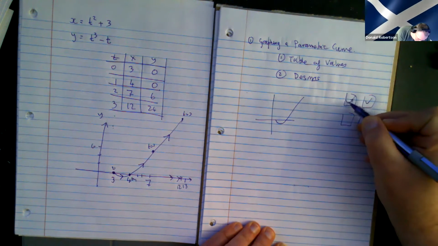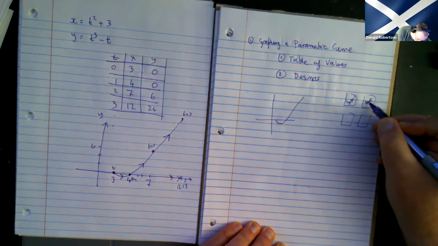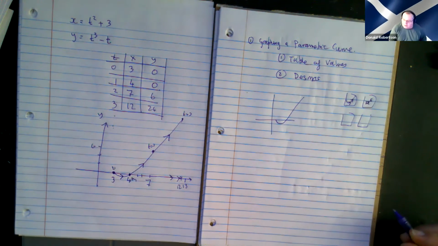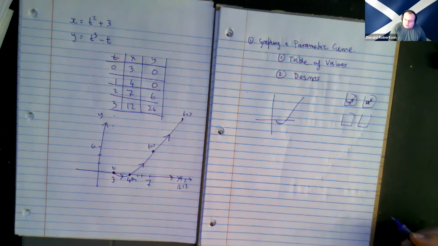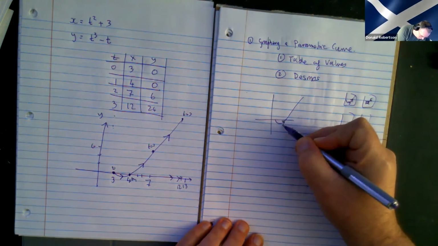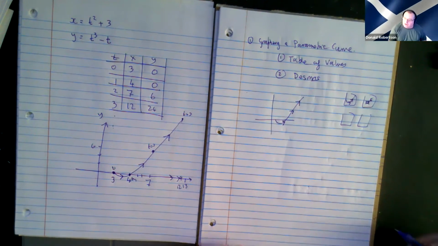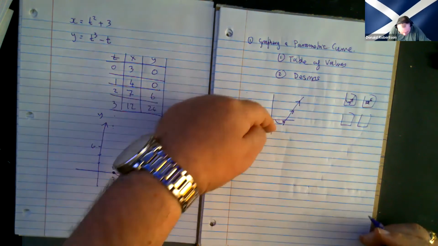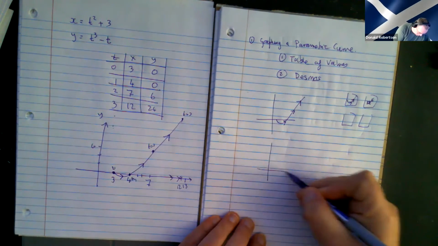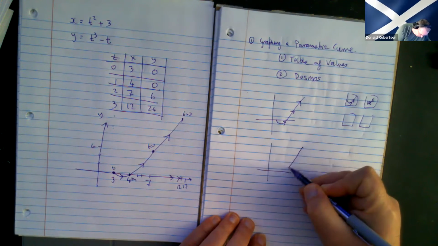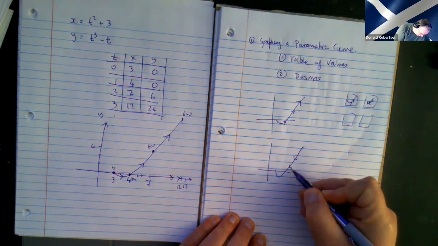But one of them is going to be going up the way, and the other one is going to be down the way. What Desmos doesn't tell you is what direction is the right one. So if you want to know whether you go up the way, because it could be, couldn't you start here and like go down the way? Couldn't that be the orientation?